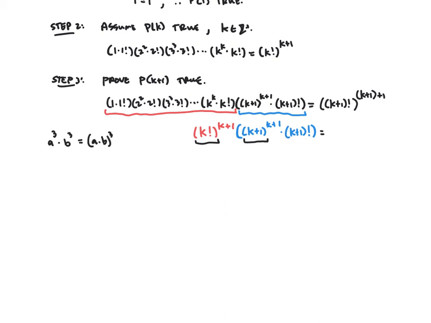So I'm going to pull the (k+1) times k factorial and put that all to the (k+1)th power. I'm just going to drag this piece along, which is (k+1) factorial, for a moment. Now by definition, (k+1) times k factorial is actually (k+1) factorial, and I'm going to take that to the (k+1)th power.